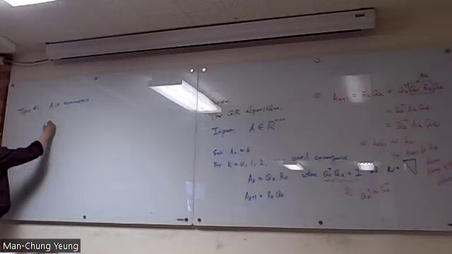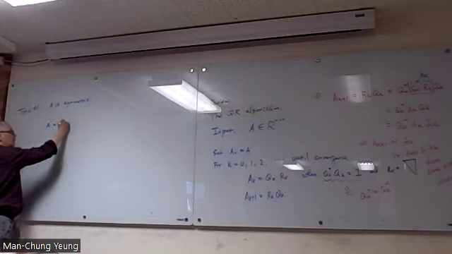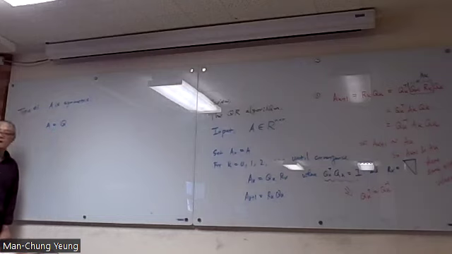Theoretically, a symmetric matrix can be written with Q an orthogonal matrix.